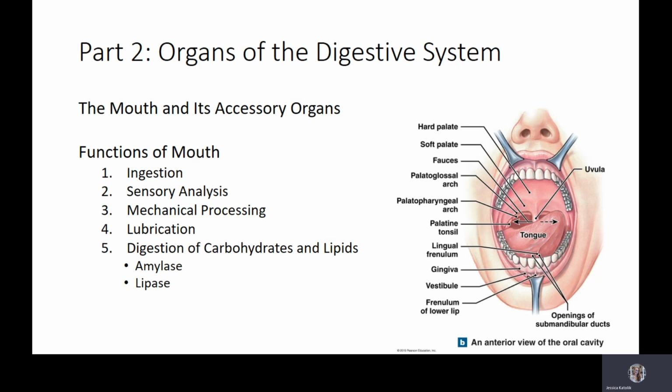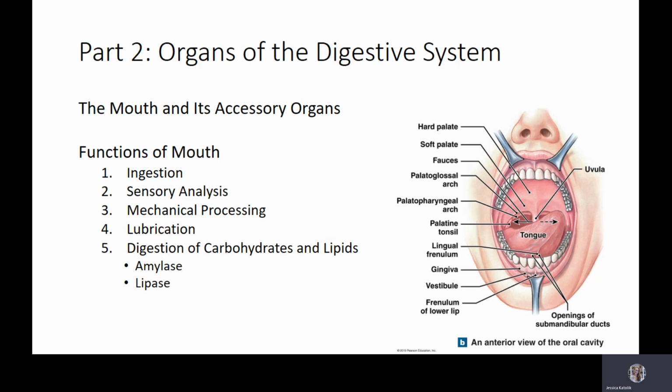So there are many different types of receptors that are going to be located in the mouth. Some of them are going to detect temperature, so we can tell if the food is hot or cold. They're going to detect texture and also taste. So we learned in our video on the sensory organs that the tongue is going to be the primary organ responsible for taste, but there are different regions of the mouth that also contain taste buds.